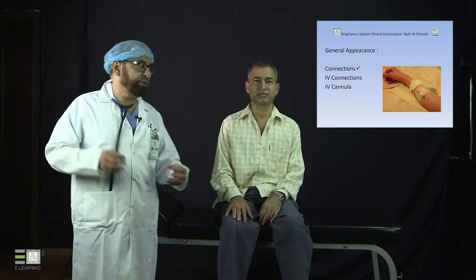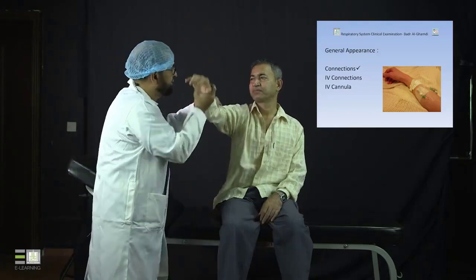The IV set will be hung up beside the patient and it will be connected to the cannula. It can be a simple IV set, or an IV infusion pump, or an IV syringe pump. These are all shown in the slides.